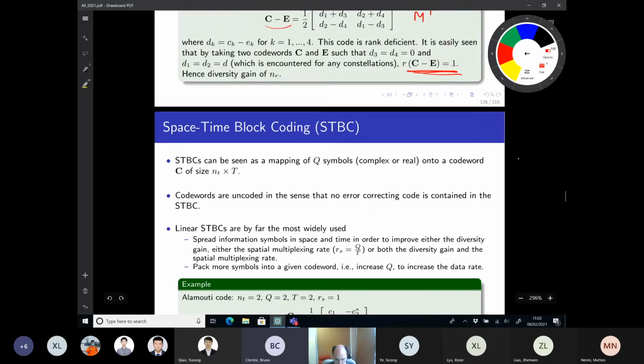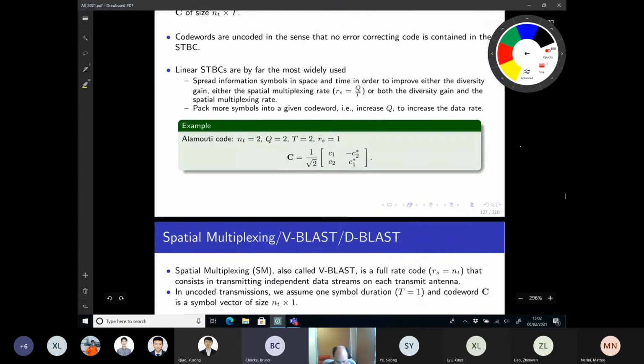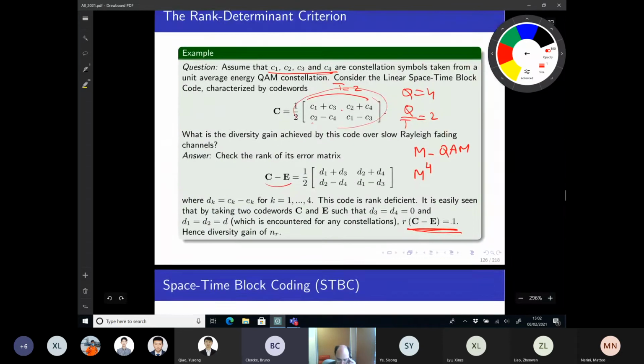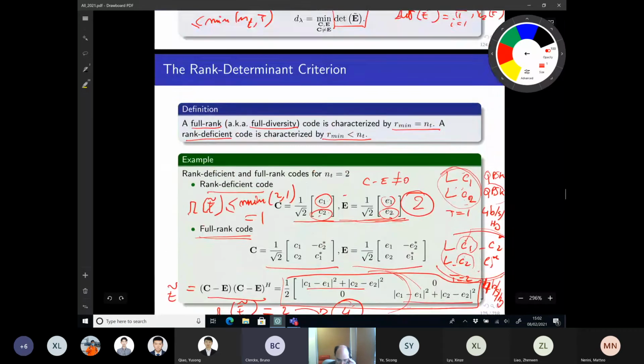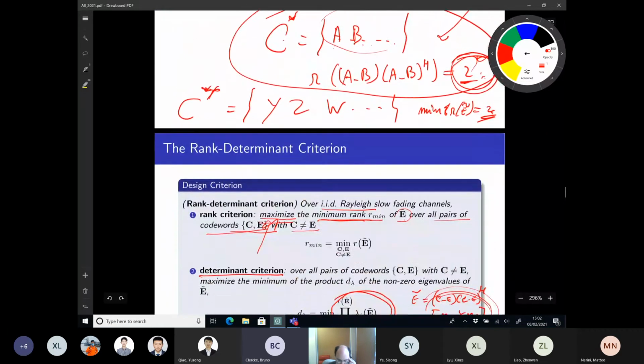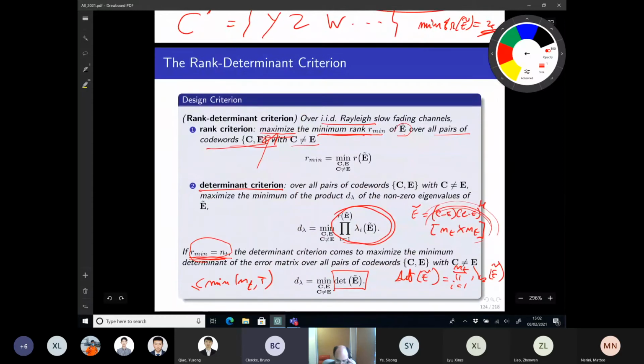Right, so what we're going to do now is to look at a specific class of code here. Actually, what I did here, this rank-determinant criterion, holds for slow fading channels. It holds for any type of code. So as long as you have a code that is characterized by a code book of code words, you can always use that.